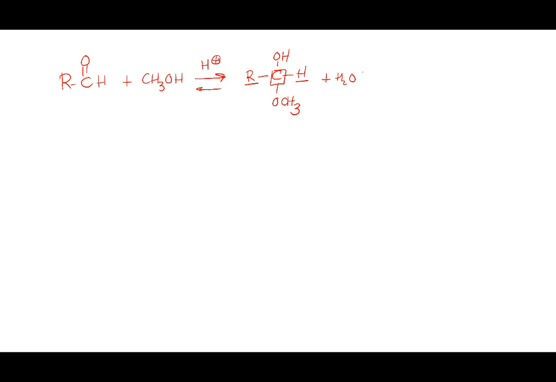So making acetals, making hemiacetals, making hydrates is kind of difficult because the equilibrium for these favors the starting aldehyde or ketone, except in a couple of cases.